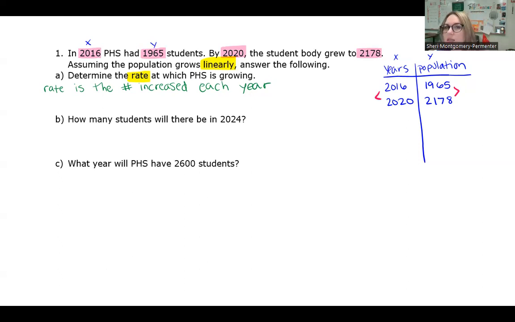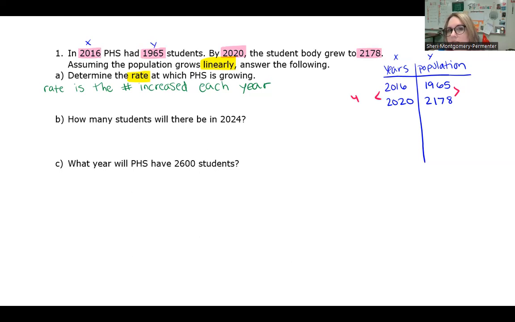So what is the change in years from 2016 to 2020? How many years are changing? There's an increase of 4 years. And then what is the increase in population?